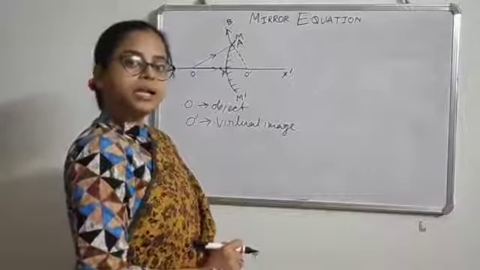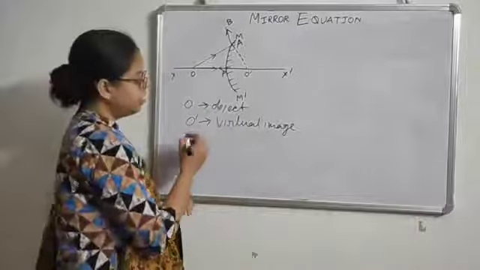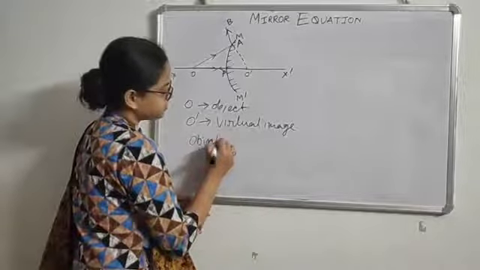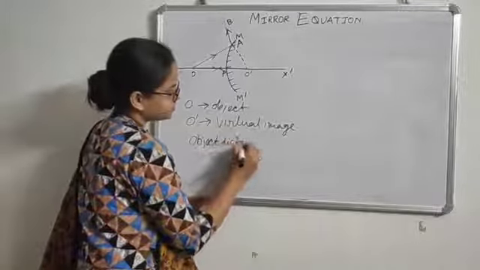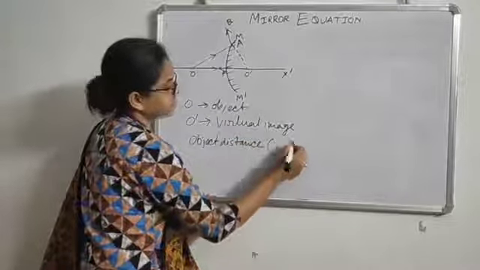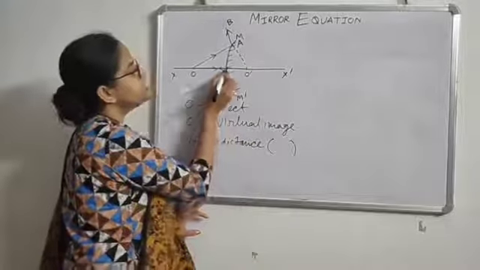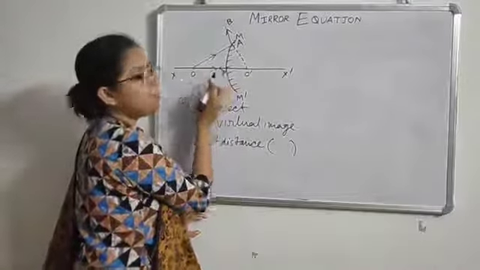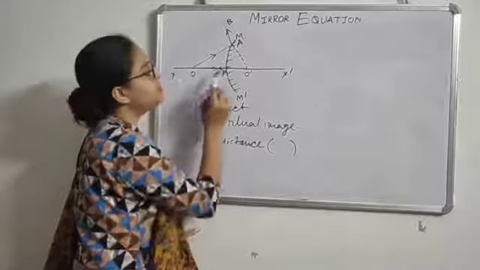Now applying sign convention, object distance is PO. As we have said, we have to measure the distance from the pole.